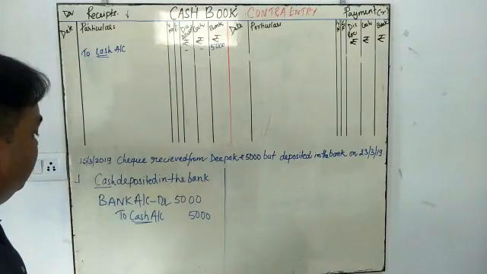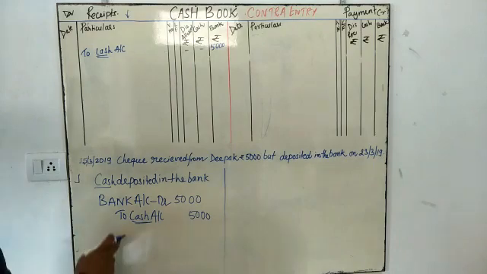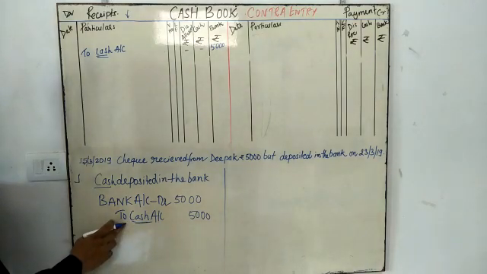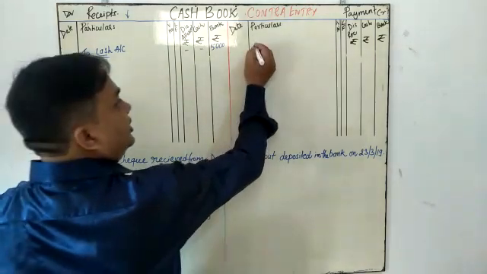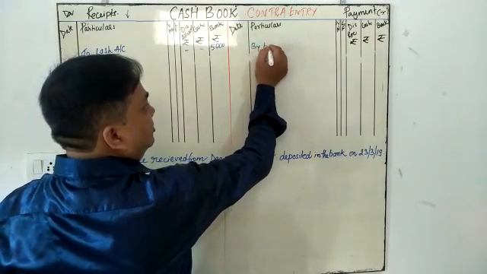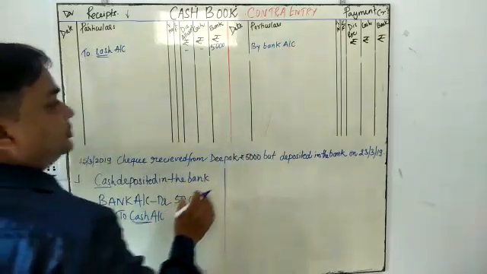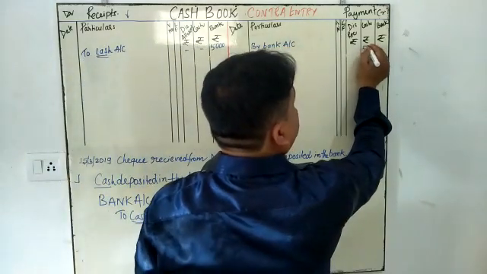Now what will be recorded on the credit side? On the credit side you observe the cash account, so you will go to the credit side and put the reason: by bank account, not cash account. Against bank account you will write 5,000 in the cash column.